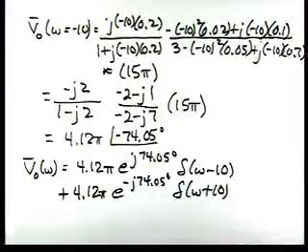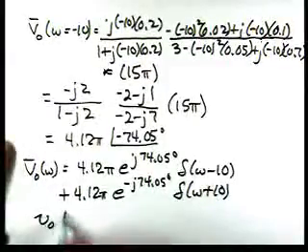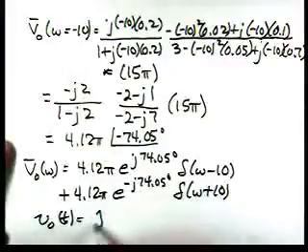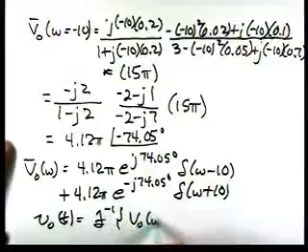Now we've got to get that back to v0 of t. So we now need to do the inverse transform. So we're looking to say, well, v0 of t is the inverse Fourier transform of V0 of omega.